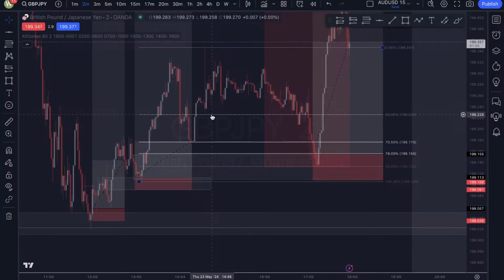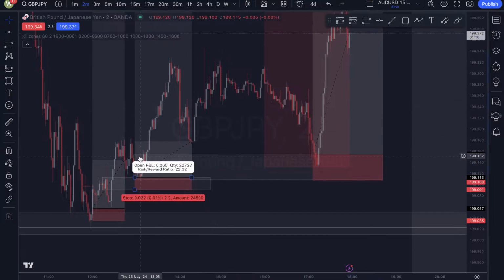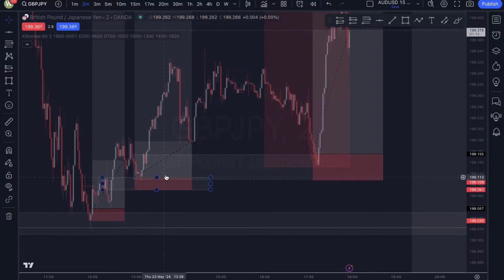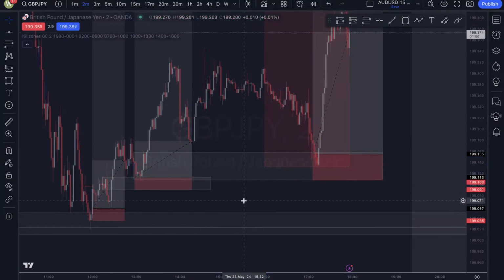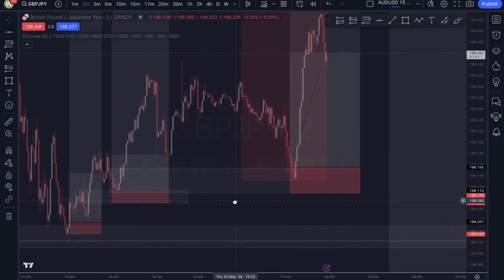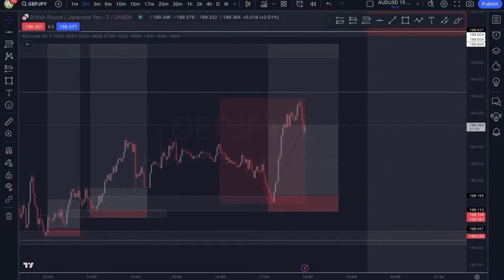If we were taking it from here, we have this order block, and we also have this range here. I would take it from the whole discounted level and just stop at the low, just like so. Then we continue to buy up from here, from this market.